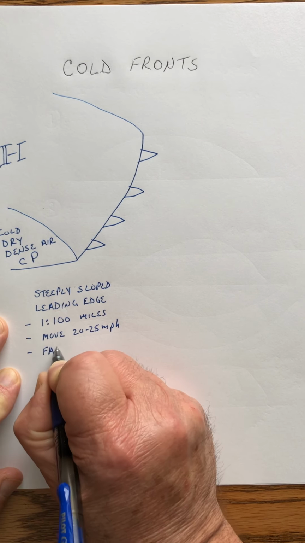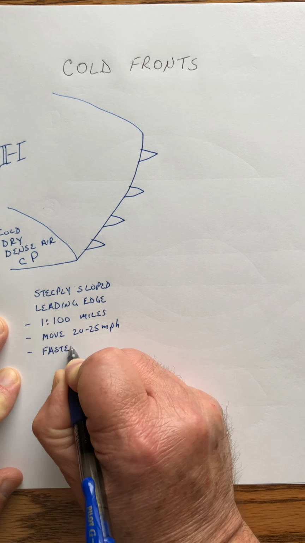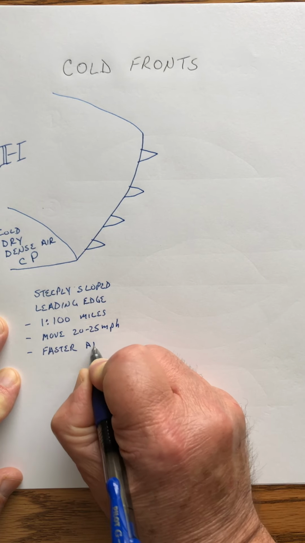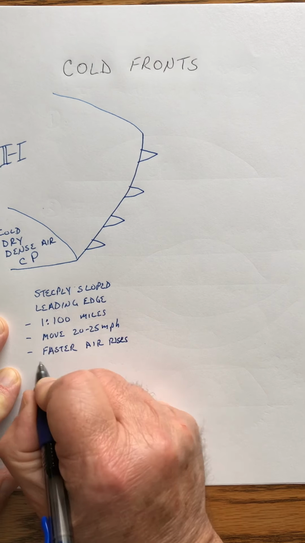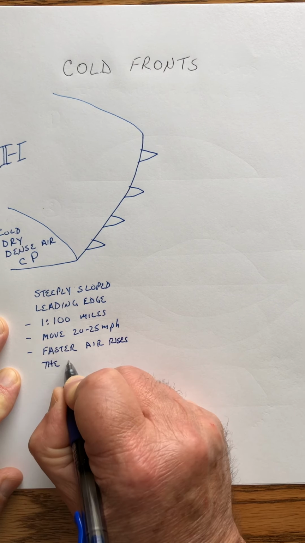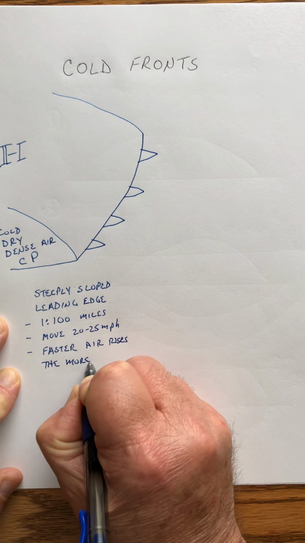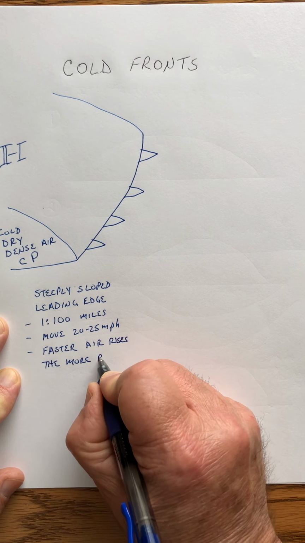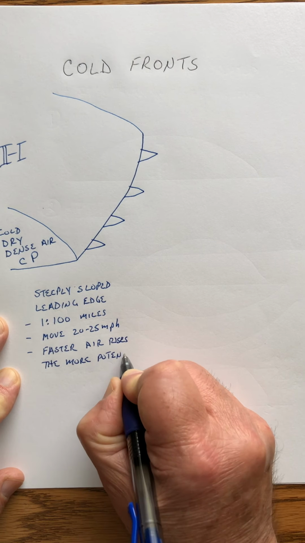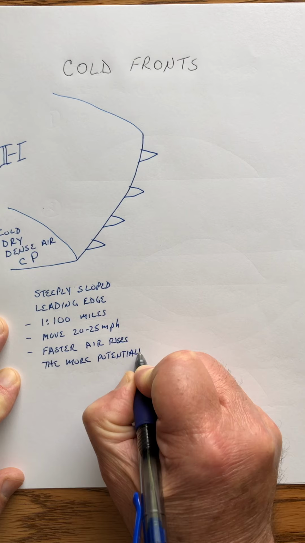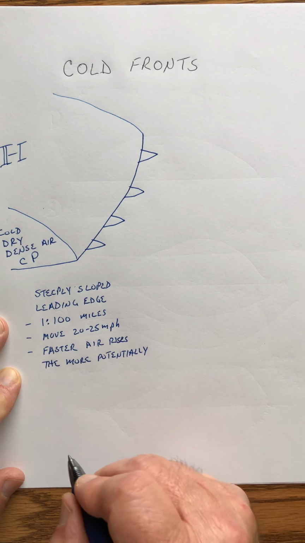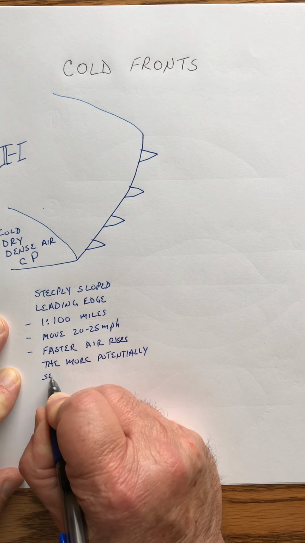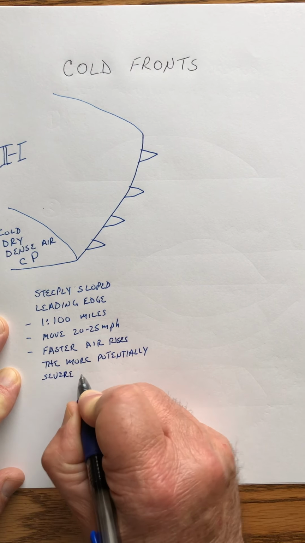And the faster air rises, the more potentially severe the weather can be. The key is there's potentially. Certainly not all thunderstorms are severe, but the faster you can get that air to rise, the more potentially severe the weather.